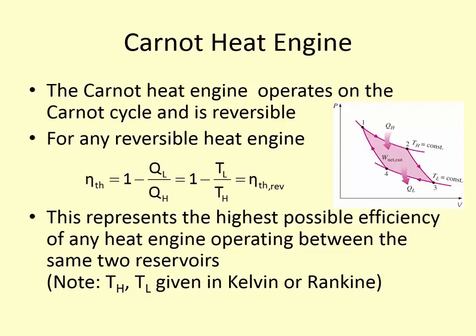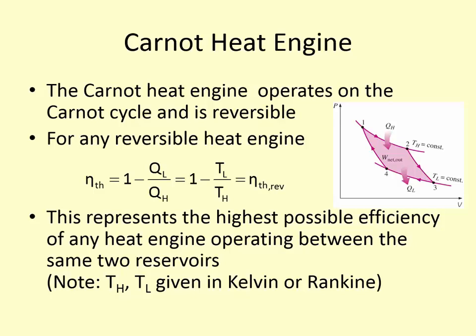So the Carnot heat engine operates using the regular Carnot cycle, and it's reversible. So each process along that cyclical path itself is reversible, which makes the entire cycle reversible too. So 1 to 2, 2 to 3, 3 to 4, 4 to 1, each individual process is reversible, so the whole thing is reversible.